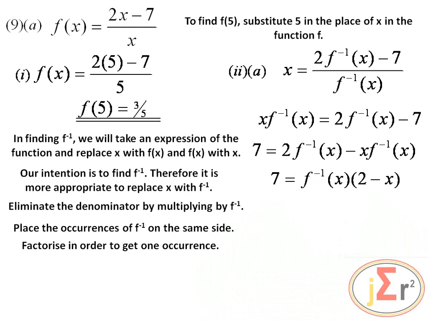In order to find f inverse of x, we need to eliminate this 2 minus x that is multiplying it on the right hand side. We will therefore divide by 2 minus x. On the left hand side, we have 7 divided by 2 minus x.